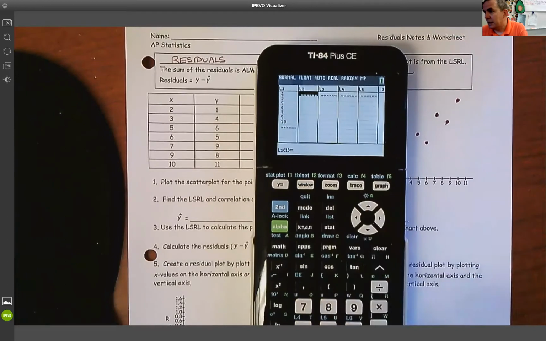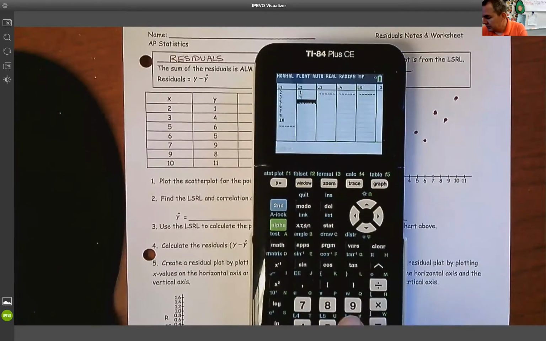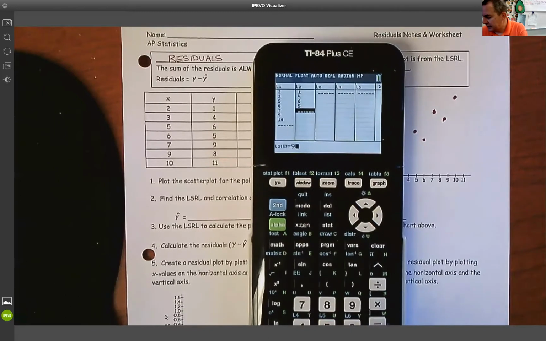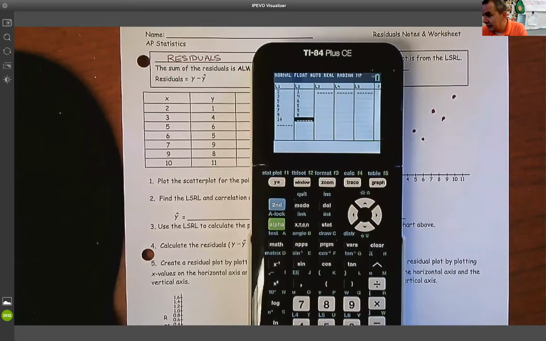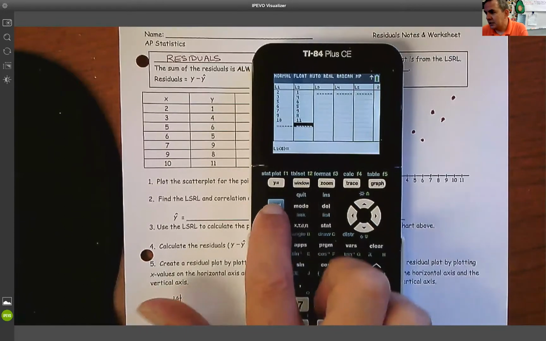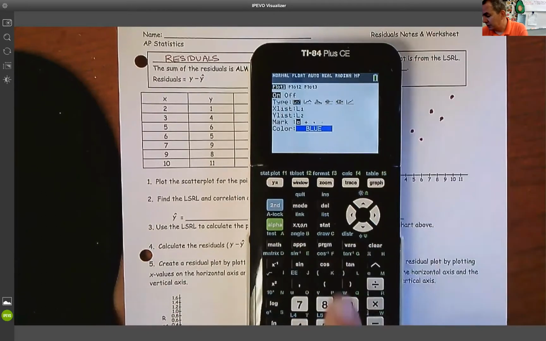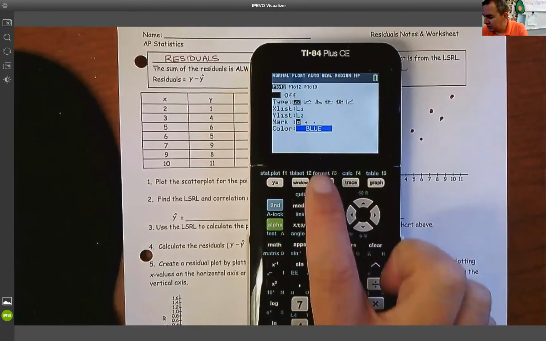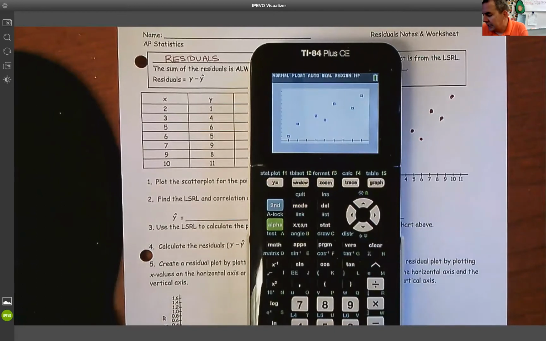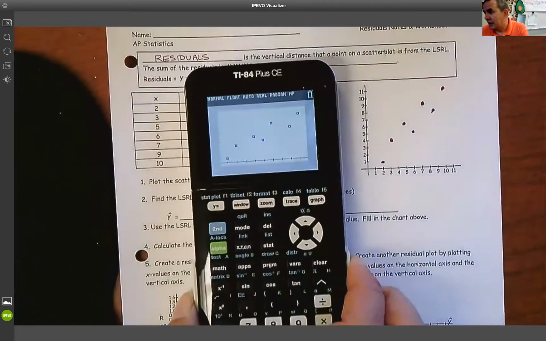Then you put your responses in L2: 1, 4, 6, 5, 9, 8, and 11. Now if we want to look at the scatter plot, we do second y equals and turn the stat plot on, and it defaults to the scatter plot. We do zoom 9, and that gives us our idea of what it looks like, and it actually looks like that picture I have.